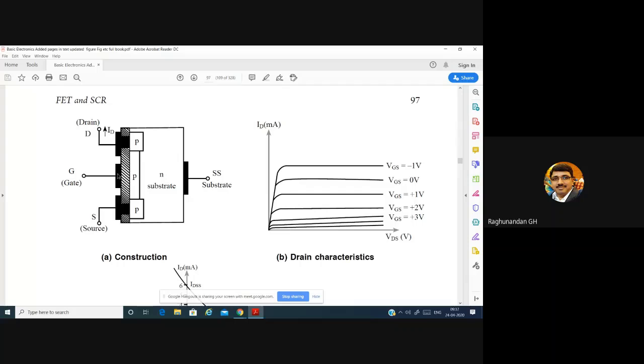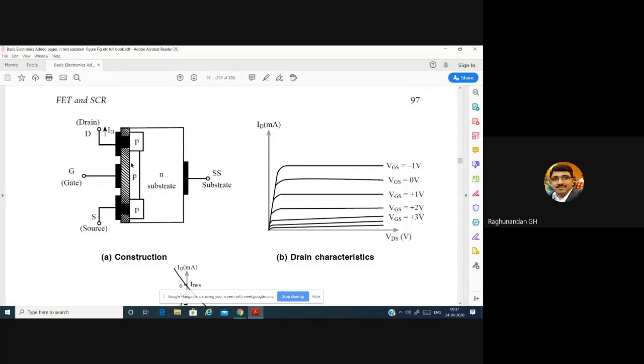There is no direct contact with the p channel, but whatever voltage we apply at the gate can be utilized to create a kind of attractive or repulsive force across this. None of the charges can move from the p channel to the gate, or from the gate to the p channel, because it's an oxide layer.